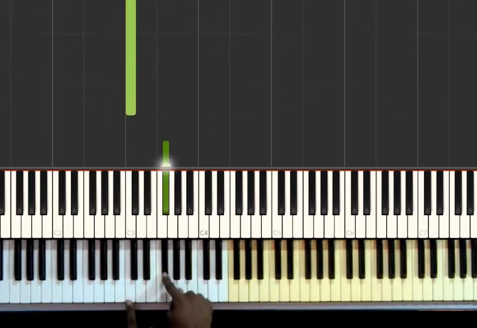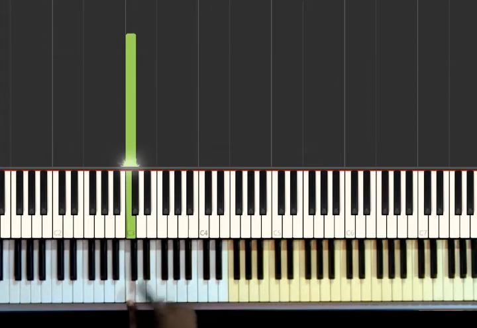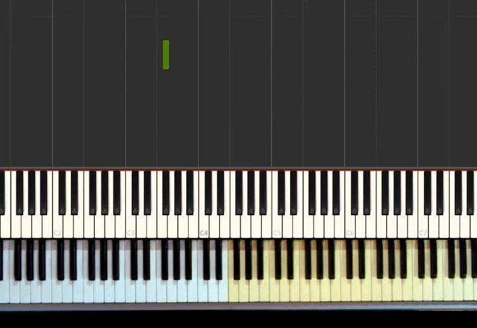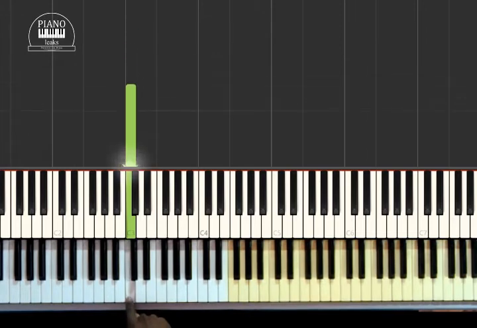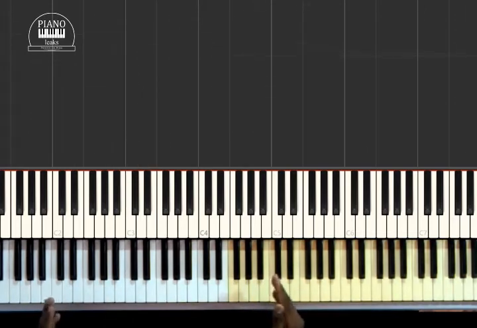If F sharp is 6 semitones away from C, and 2 semitones equals a tone, then we can equally say that F sharp is 3 tones away from C. You are expected to understand this.